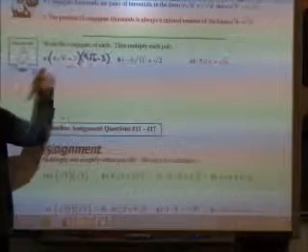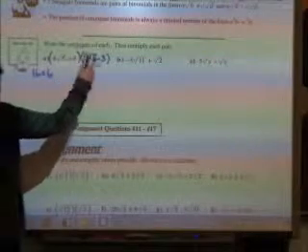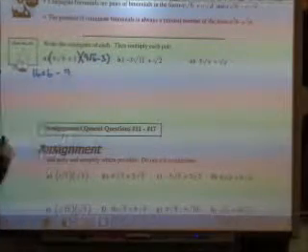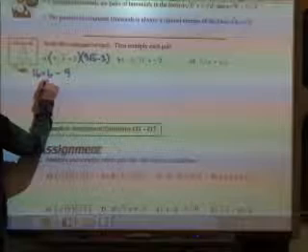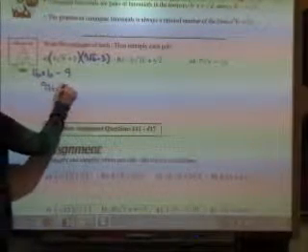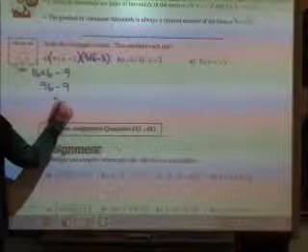Root 6 times root 6 becomes 6. And then 3 times negative 3 would be negative 9. 16 times 6 is, and 96 minus 9 is 87.